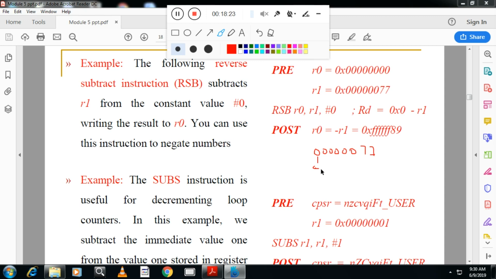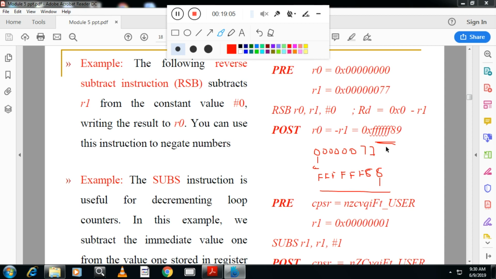Now you take the complement of this one. When you take the complement, each F minus the digit: F for the leading zeros, and 7 you have to subtract from F, which gives 8; then E, D, C, B, A, and so on. This is the 1's complement. Adding 1 to it, you will get the 2's complement value.